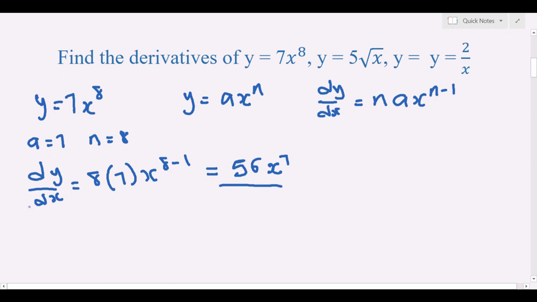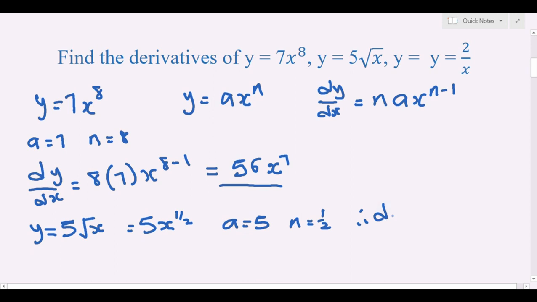For number 2, our y is equal to 5 root x, or written as 5x raised to power half. And here our a is equal to 5 and our n is equal to half.